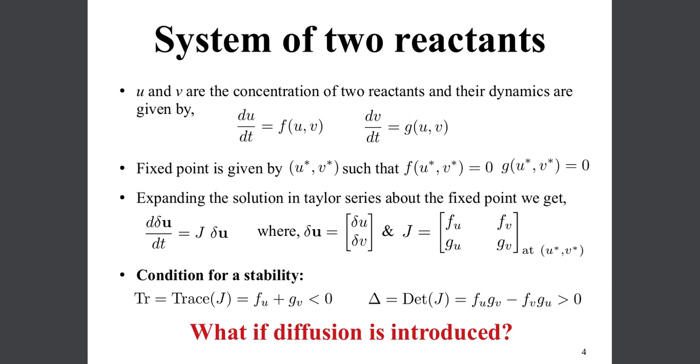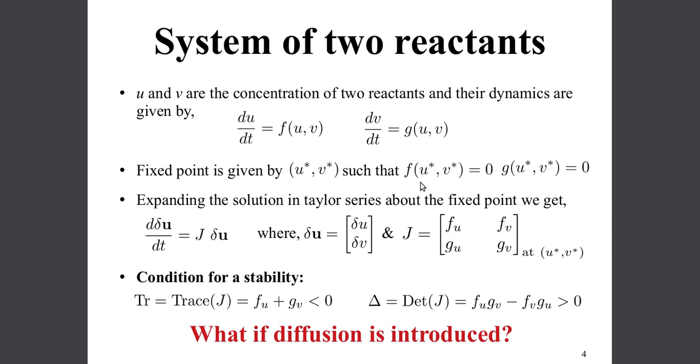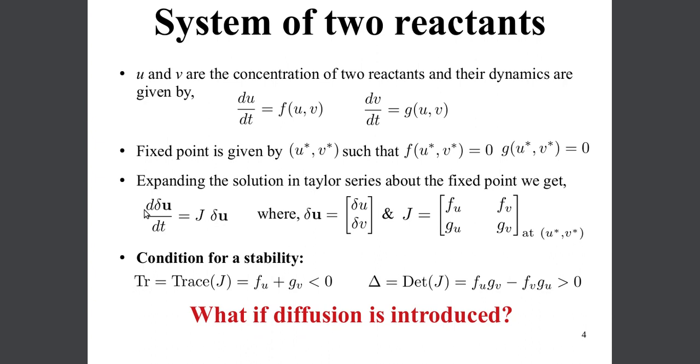Then if you expand the solution in a Taylor series about the fixed point, you get the dynamics of your perturbation in this form: d delta u/dt is equal to J, which is a matrix, multiplied by a column matrix. This delta u is basically a vector, and it can be represented as a column matrix with entries delta u and delta v.